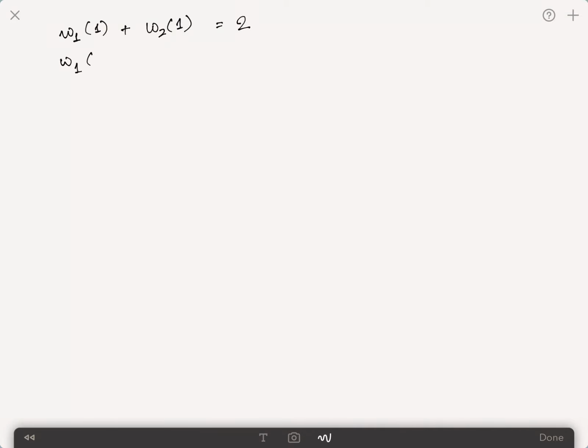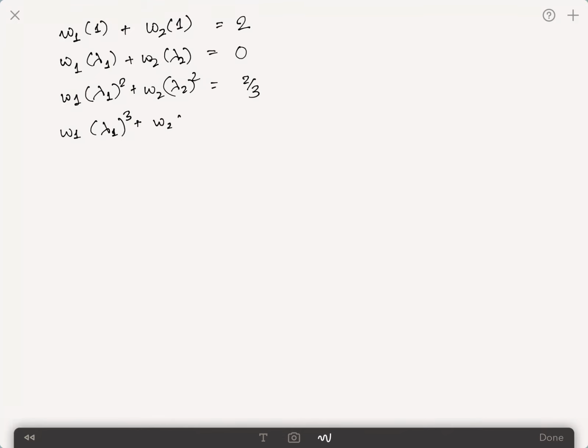When I had sampling point lambda 1 times lambda 2, then I had 0. Then when I had lambda 1 square plus lambda 2 square, because I'm just using the Legendre polynomial, I had this as the result. And then when I had cubed as the polynomial, this is just to find out the unknowns, right? I will show you why we are doing this. This ends up being 0.